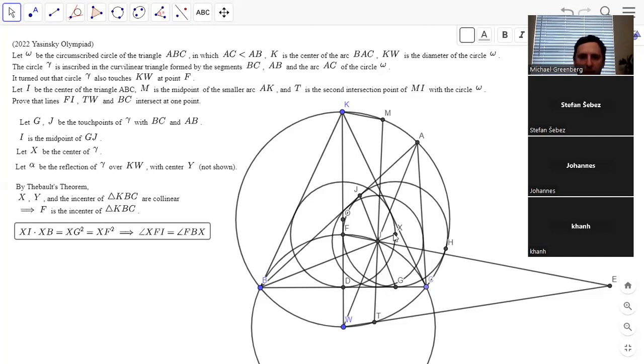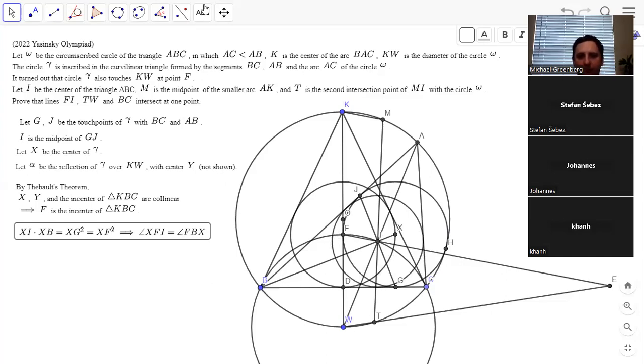And then once we know that, I wonder if, without even showing they're parallel, we could just, well, we defined M this way. So we want to show that angle. Let's see. So angle IFW is 90 minus XFI, which is 90 minus FBX, which is 90 minus half of FWI.